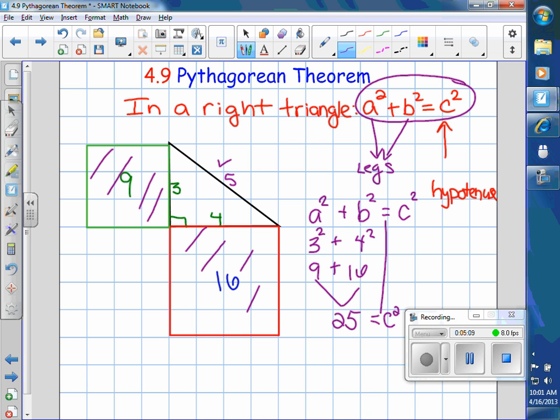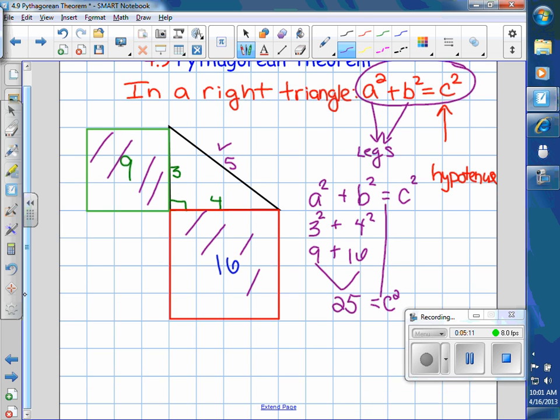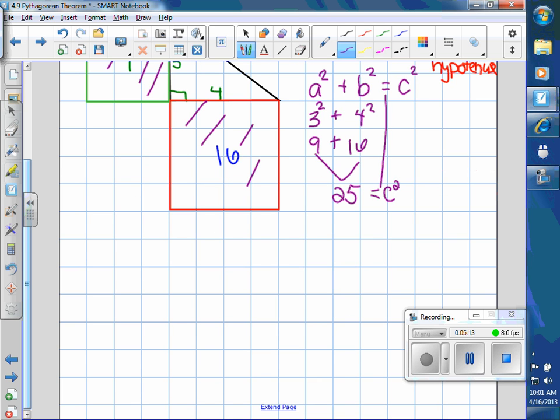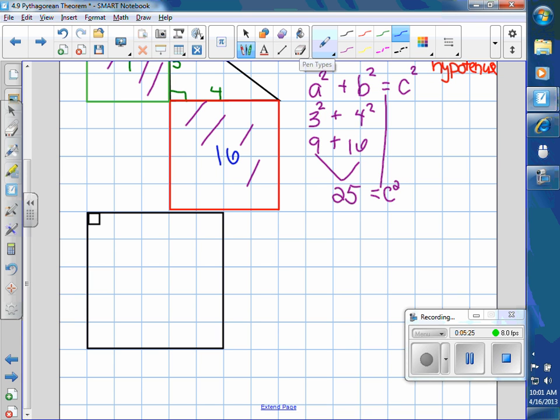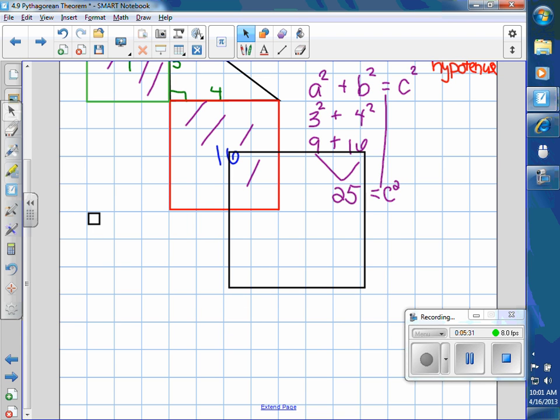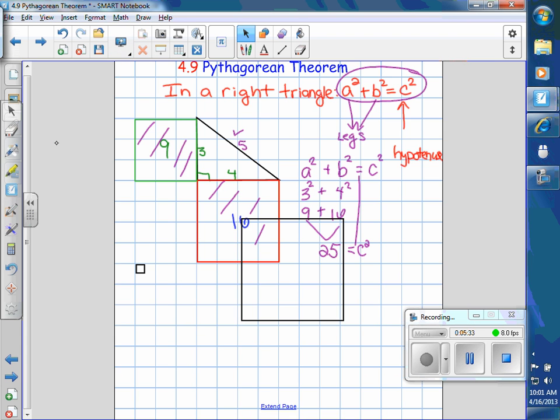Do you see that? So with the smartboard, let's check it. Let's take a square of side length 5. Is that 4? And then drop it and bring that over here. Make this a little bit smaller. Let me clean some of this up.